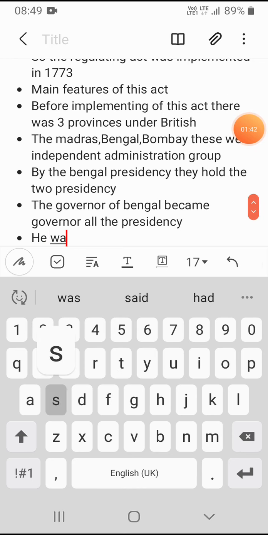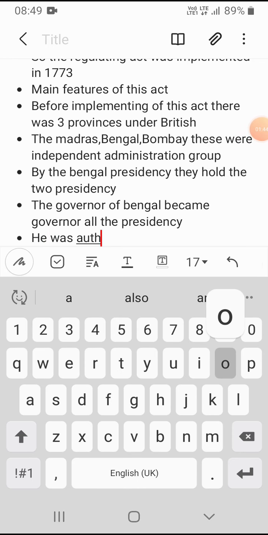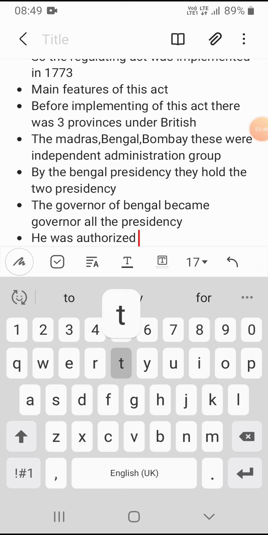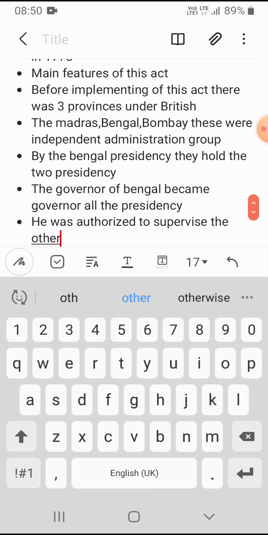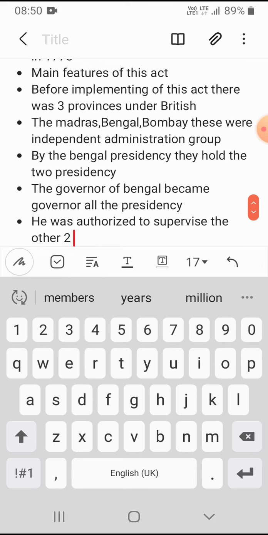And he was authorized to supervise the other two provinces, Madras and Bombay.